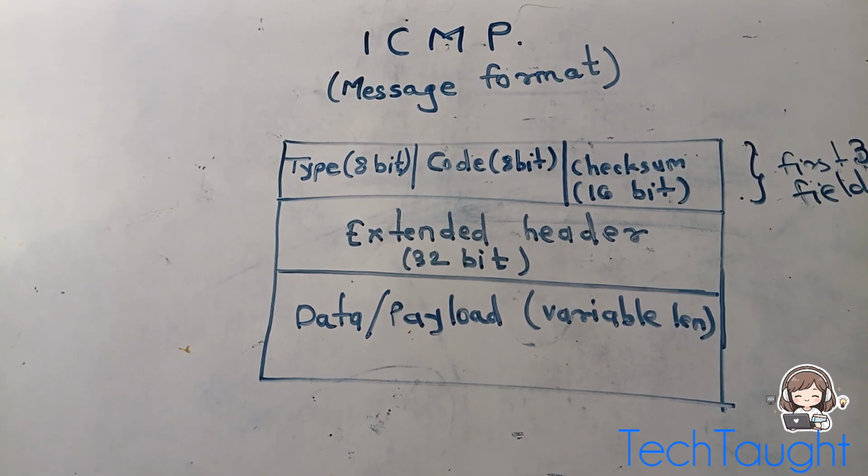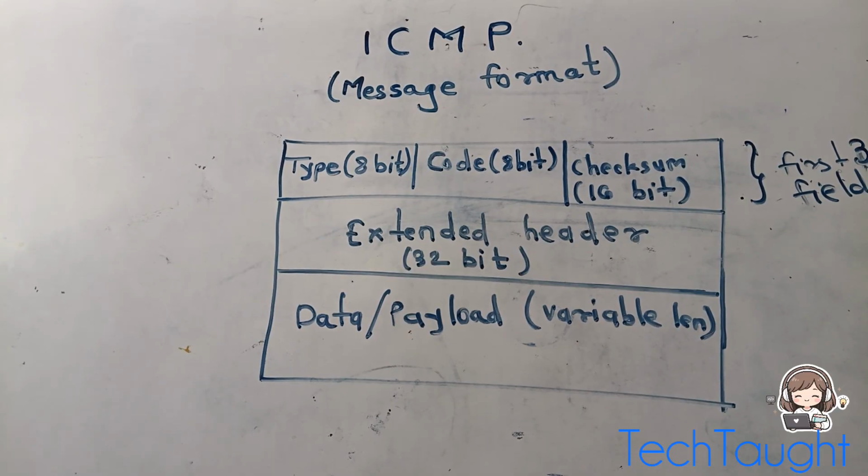We have seen the types of ICMP messages. There are two: error reporting messages, and query or information messages. The initial 8 bits of the packet are for the message type, which tells which type of message it is. It provides a brief description of the message so that the receiving network knows what kind of message it is receiving and how to respond to it.